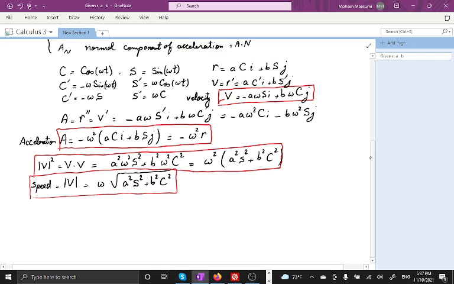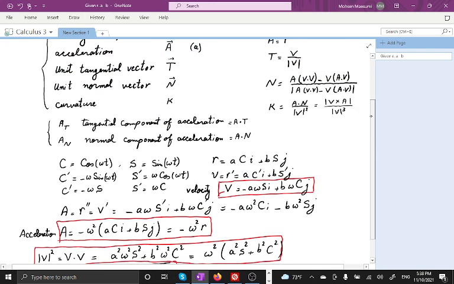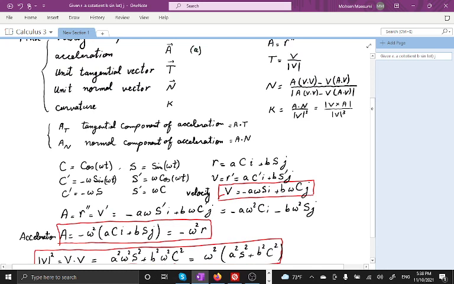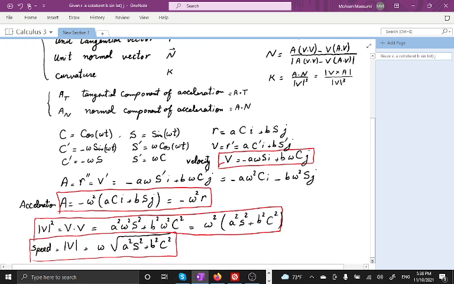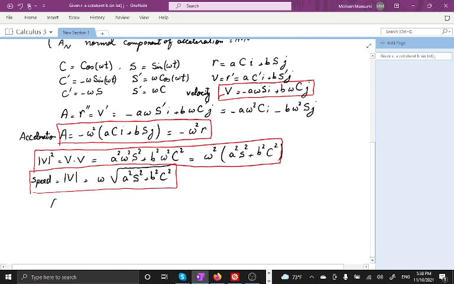Well, what else? Let's collect all of our ingredients and then put them to use. I got my v dot v or v squared, and I have my absolute value of v. I have those. I need a dot v, so let me go ahead and do that. So what is a dot v? Very easy.